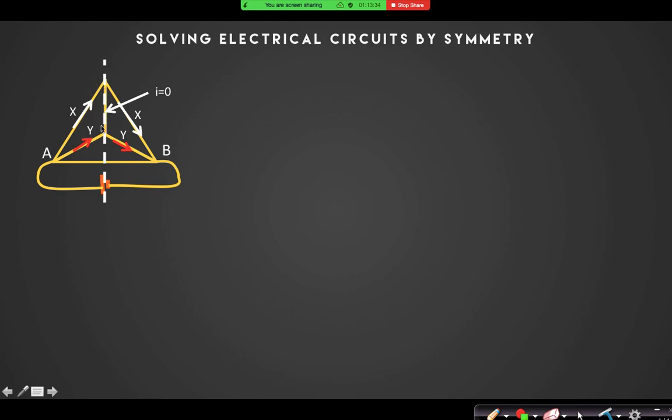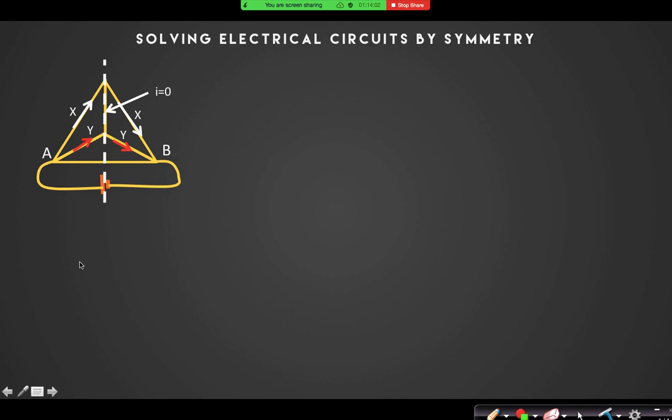So what is the role of this middle branch connecting these two junctions? Definitely zero. The current will be zero in that branch, right? So in this type of symmetrical circuit, you can eliminate this resistance which is joining, or you can directly say that the current in the image branches will remain the same.